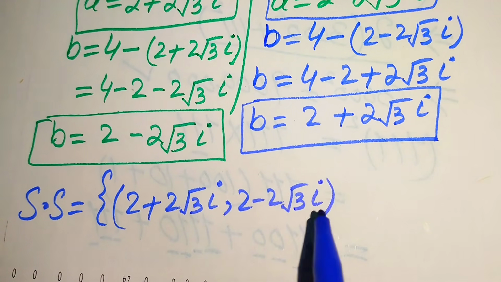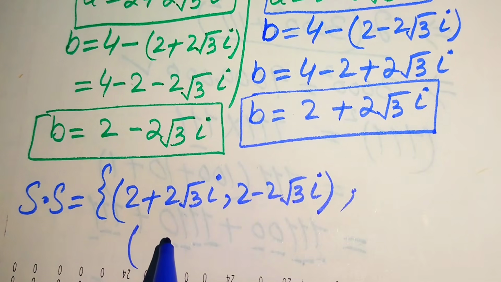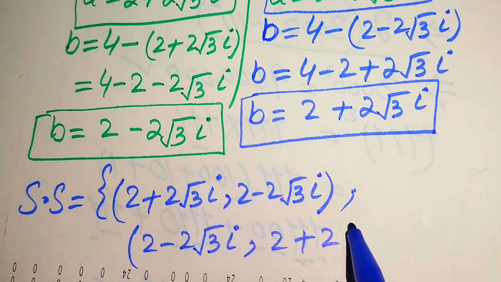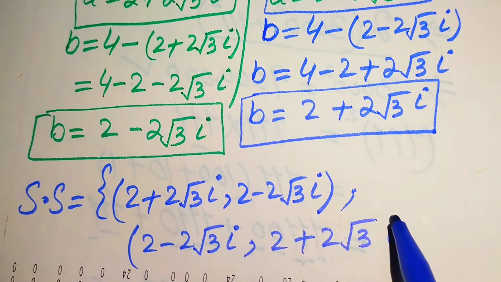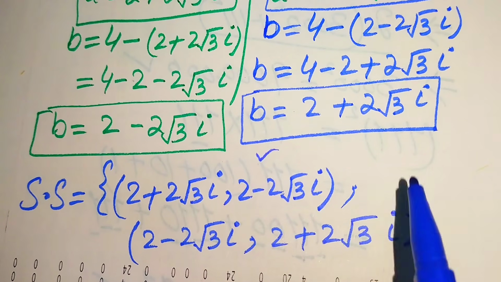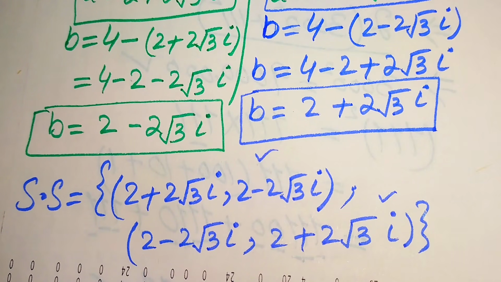This is the first pair of solution, and the second pair of solution is 2 minus 2 times square root of 3 into iota and 2 plus 2 times square root of 3 into iota. So these are the two pairs of solutions which we obtain in this method, and this is our final answer of this question, and I hope you like this method.